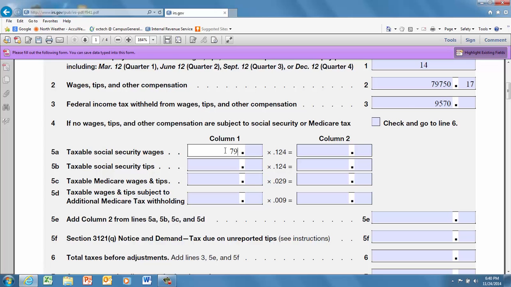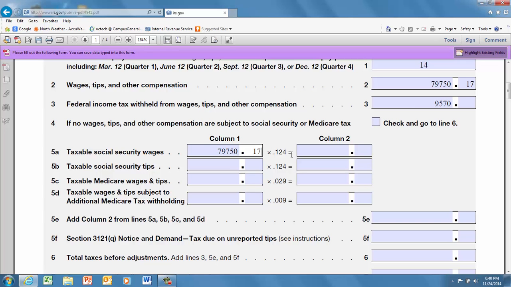So 79,750 and 17 cents. And we're multiplying that by 0.124. Why is it 0.124? Because this is including the employee and the employer portion. And so the employee portion is 0.062 and the employer portion is 0.062.